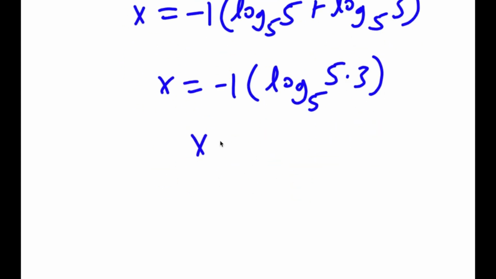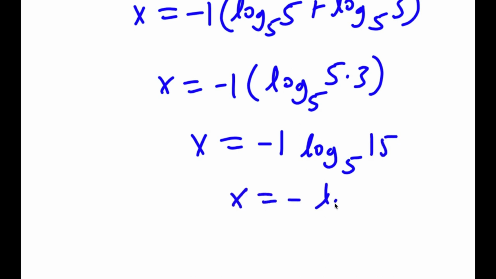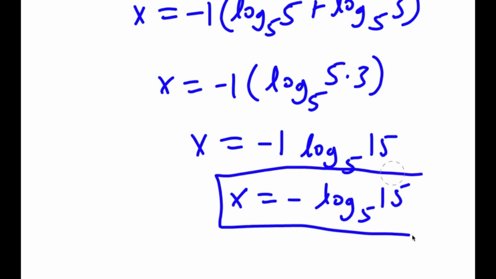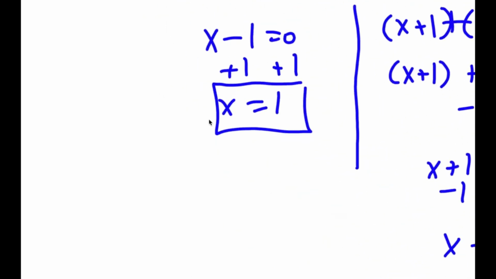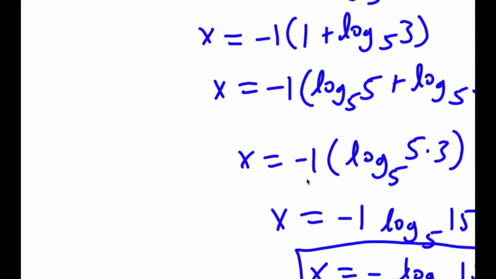And that is going to equal negative 1 times log base 5 of 15, which is simply negative log base 5 of 15. So that is our two solutions.